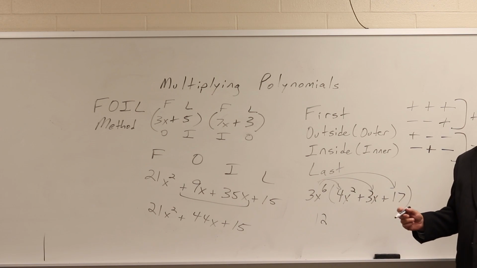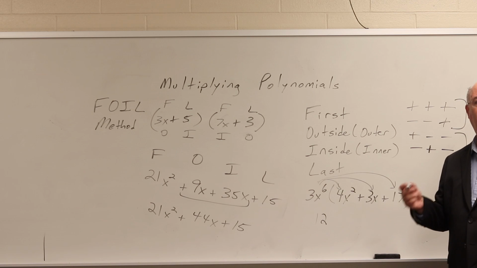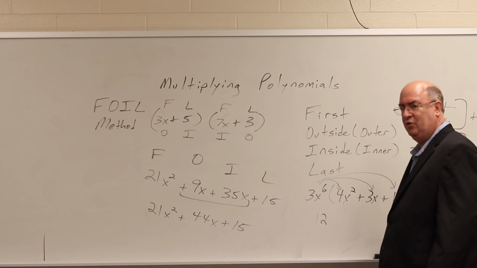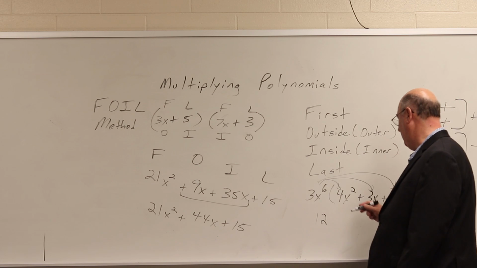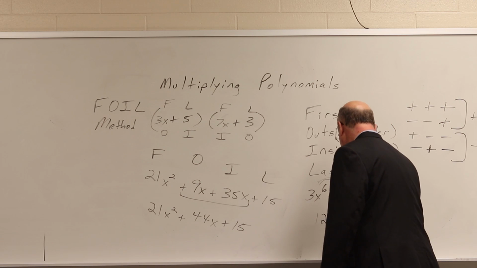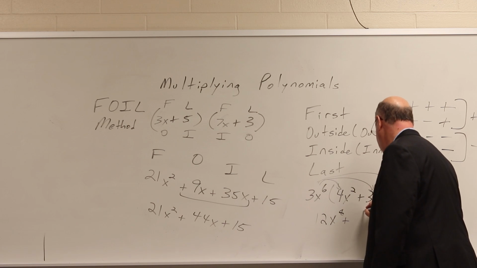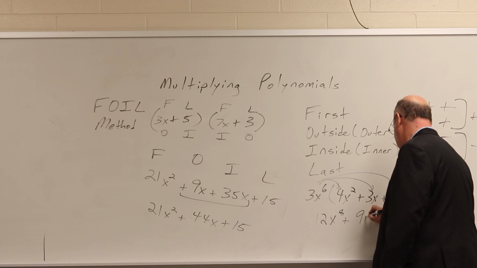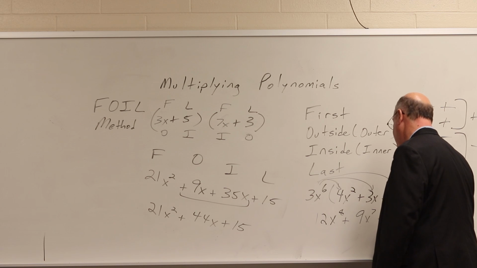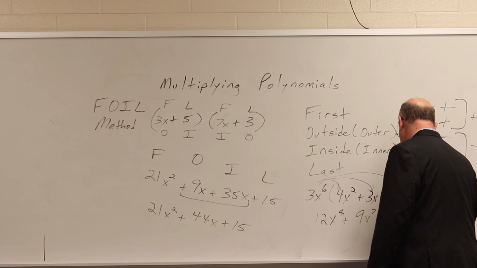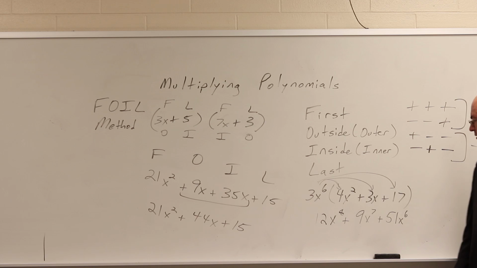X to the 6th times x to the 2nd, when you multiply them, we add. Multiplying is fast adding. That's what they taught me in 3rd grade anyway. So x to the 8th power. 3 times 3 will be 9. This will be x to the 7th power. And 51, 51 x to the 6th. See, I make mistakes too.